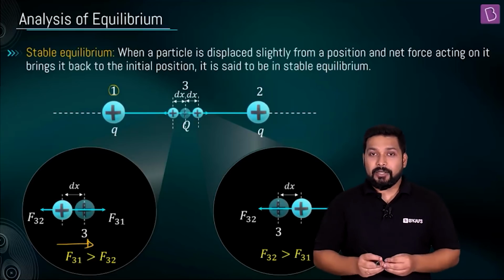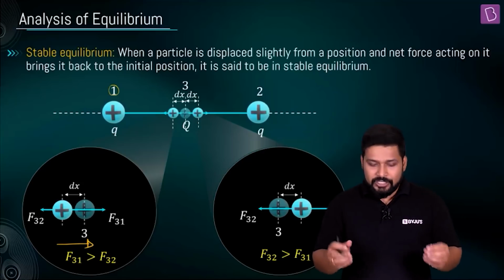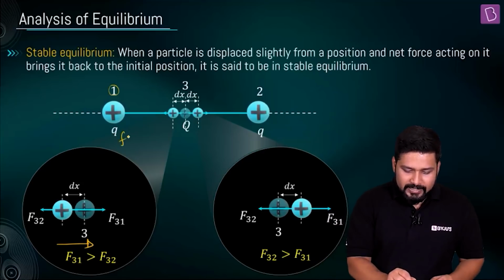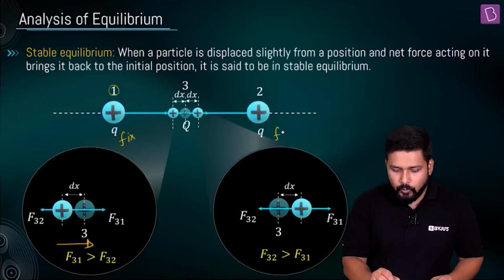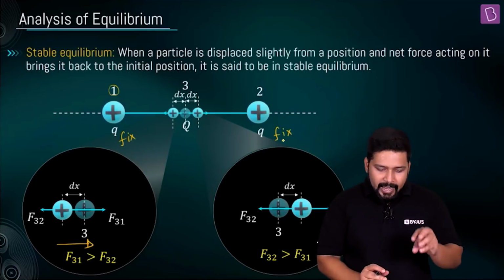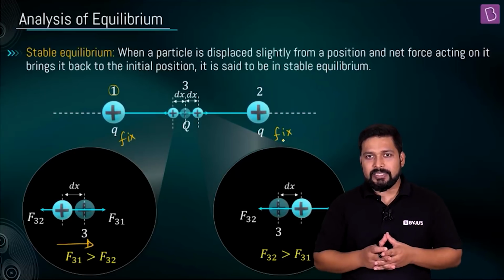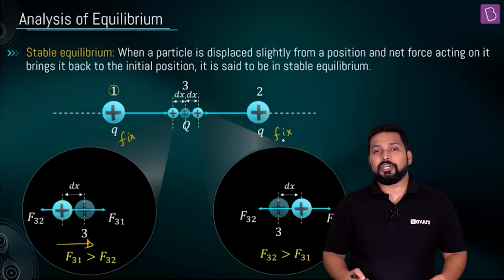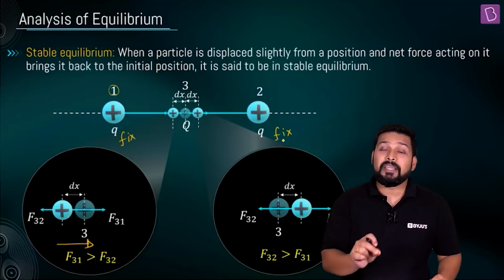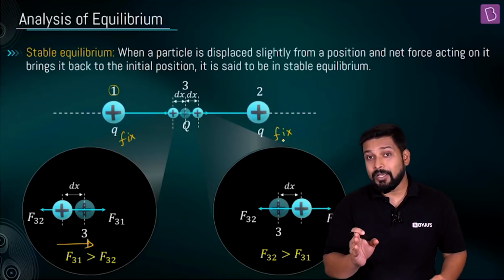So we say that if we have a system of 3 charges such that the charges present at these 2 points are fixed, both of them are equal, and if we place another charge at the center of the line joining the 2 charges, the third charge will be in a condition of stable equilibrium.